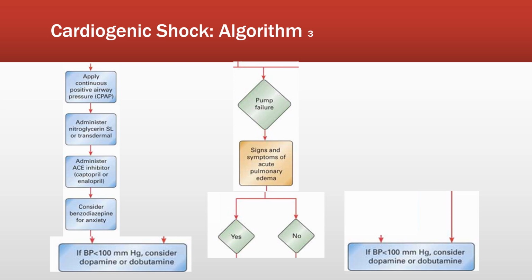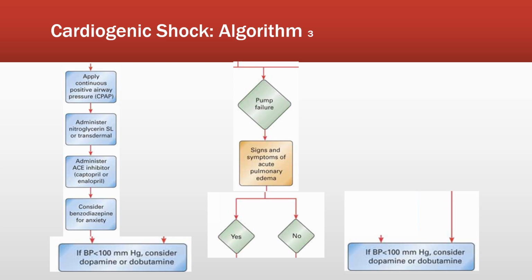Cardiogenic shock. If you believe it's due to pump failure, note the signs and symptoms for acute pulmonary edema. If yes, they have signs and symptoms of pulmonary edema, we're moving to the left side of the screen. Apply the CPAP. Administer nitro sublingual or transdermal.